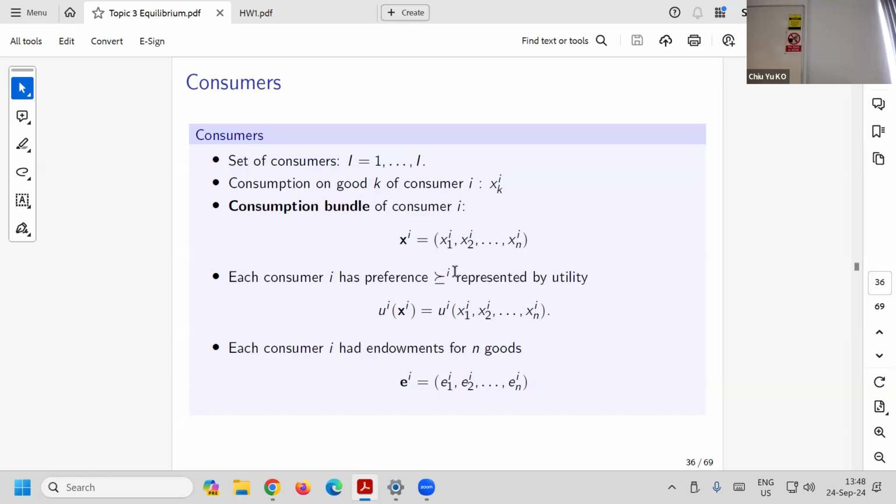Now here we're different from chapter 1 in that we will start with endowment. Instead of income, everyone starts with goods. They will have a vector of commodities that they start with.